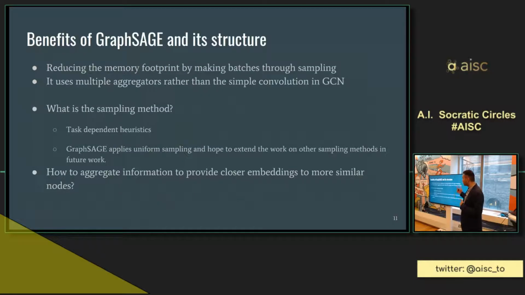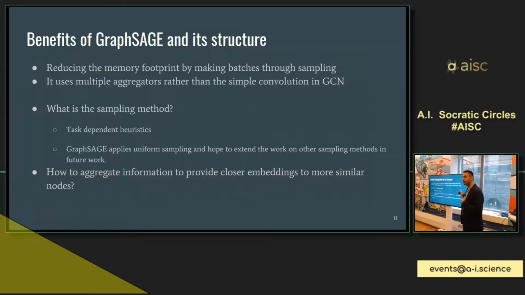So what are the benefits of GraphSAGE, this architecture? As I told you earlier, it reduces the memory footprint by making batches through sampling. It also uses multiple aggregators rather than just simple convolution as in GCN. These are the benefits. And what is the sampling method?